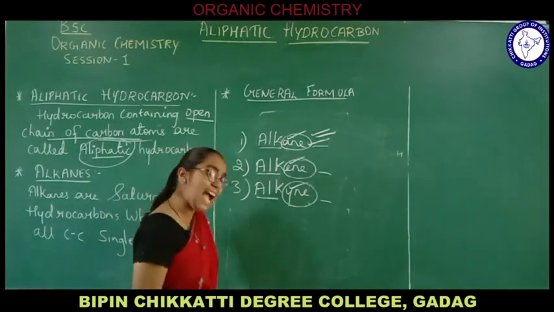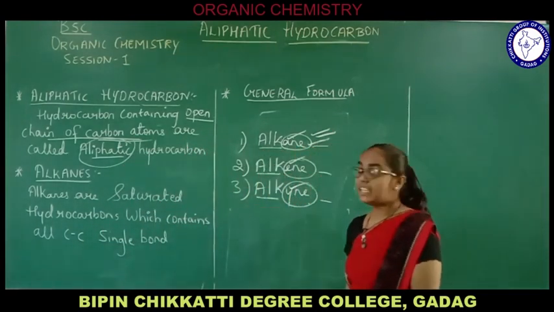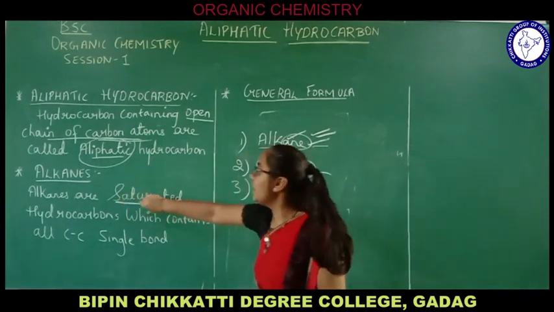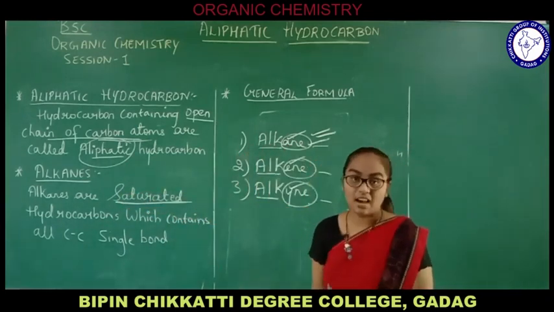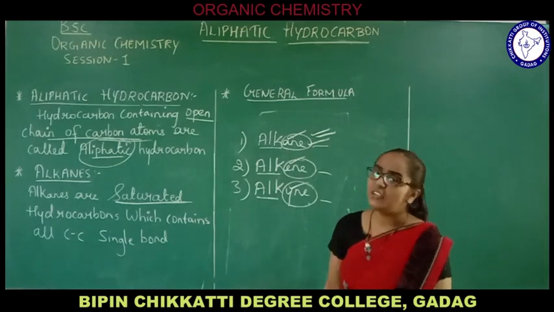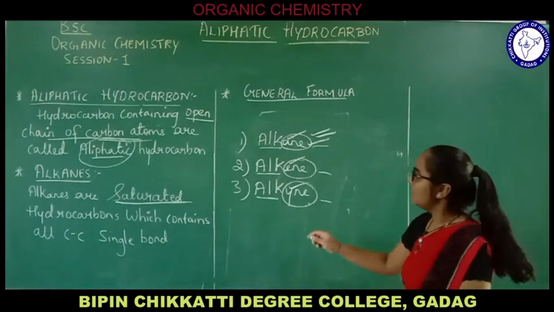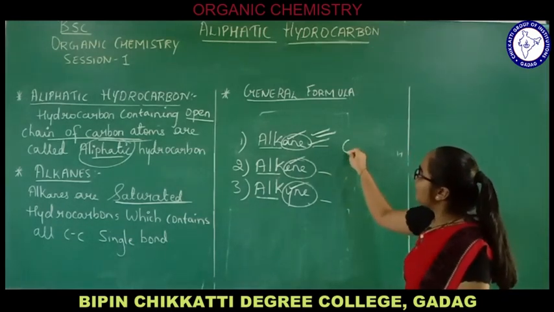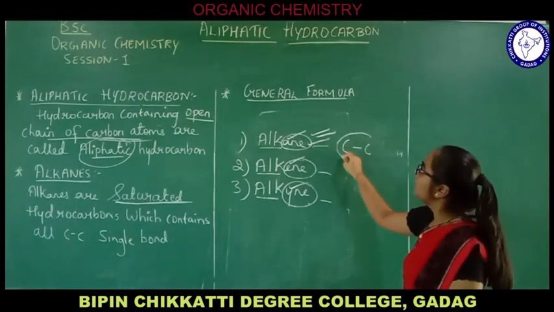Now what are the alkanes? Alkanes are saturated hydrocarbons. What do you understand by the word saturated? It means here the carbon single bond will be present.